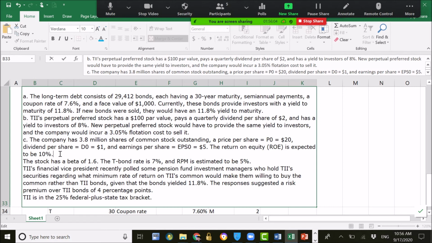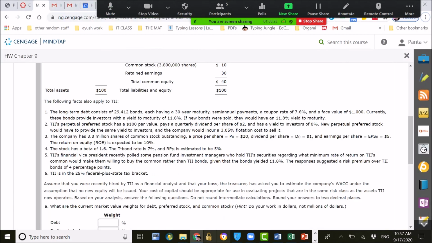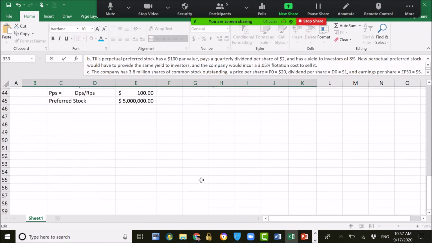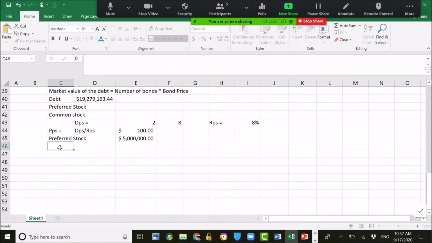And then common stock. Here the information is given, so a lot of extra information. Common stock.